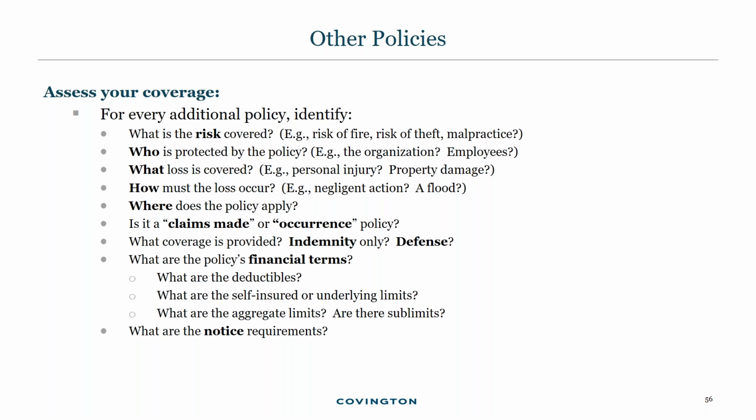Or liability policies can be written on an occurrence basis, which means that the underlying incident or damage has to occur during the policy period. And you could have an occurrence policy that is implicated because of a loss, say, an incident that happened 5 years ago, but that claim from that occurrence only is asserted during the current policy period.